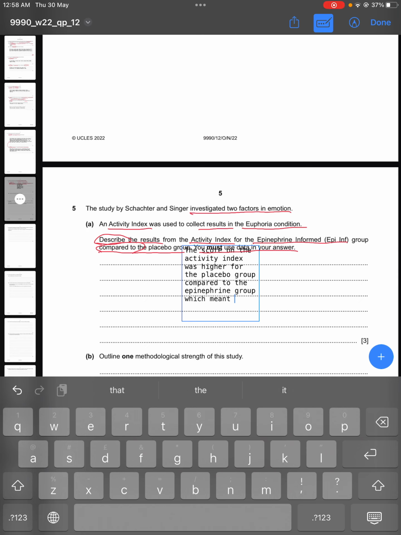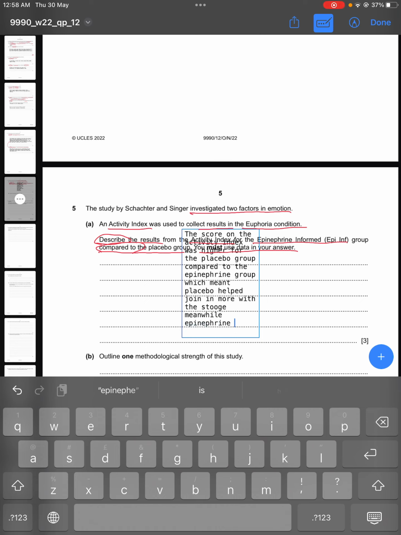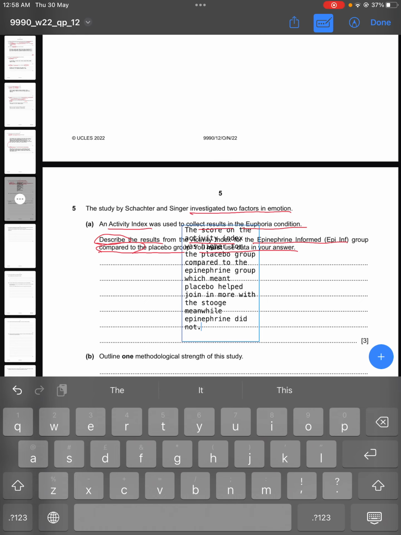which meant placebo helped join in more with this stooge. Meanwhile, epinephrine did not.